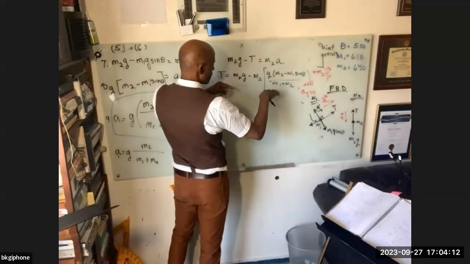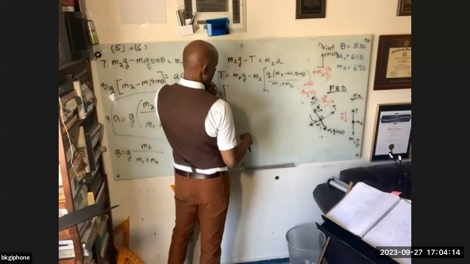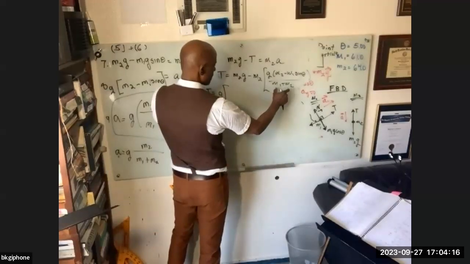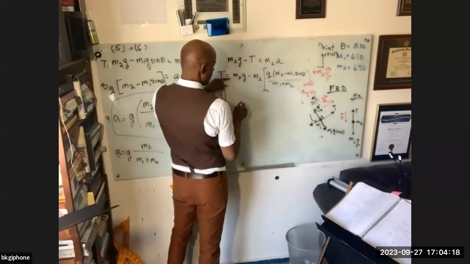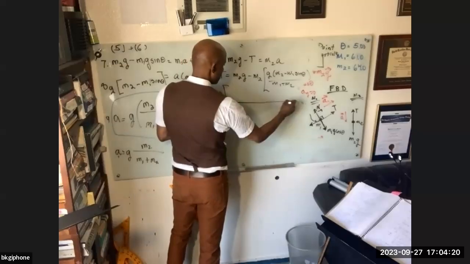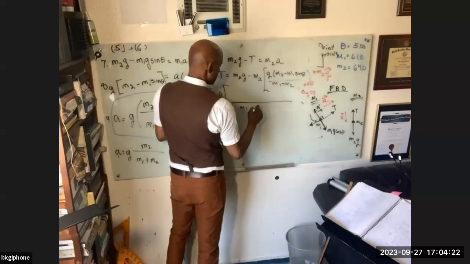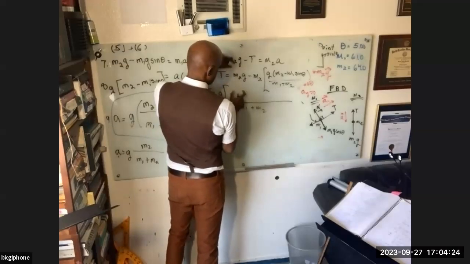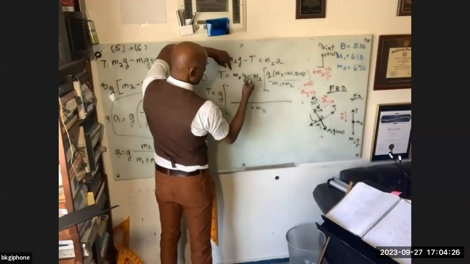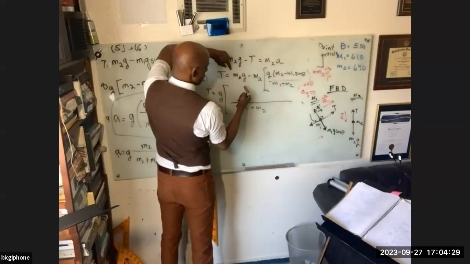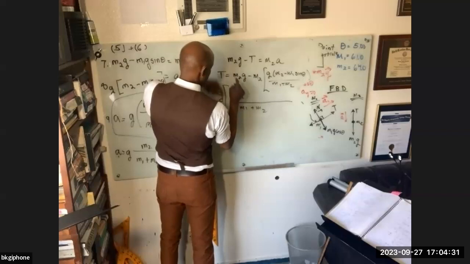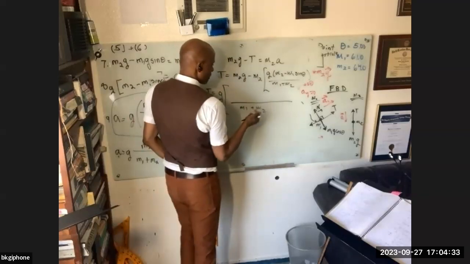Now I gotta do the common denominator, which is M1 plus M2. So I'm going to have basically M1 plus M2, but the G is factored out, so I have M1 plus M2 over M1 plus M2 on that term. So two terms are going to kick out of that.